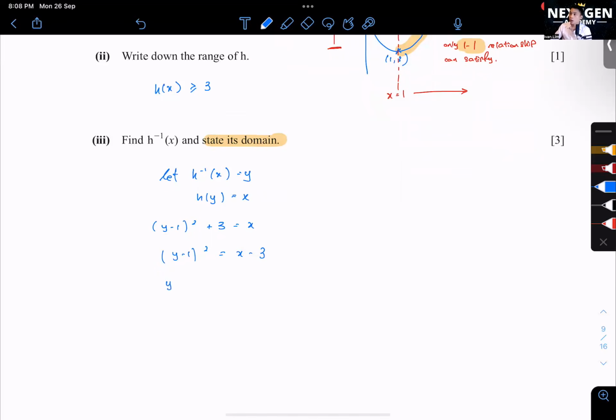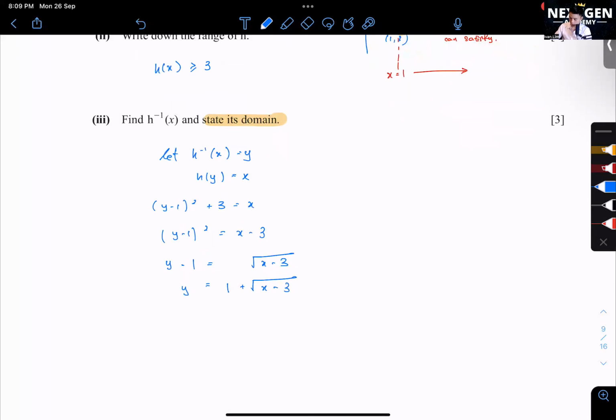Then y minus 1 equals plus or minus square root of x minus 3. Wait, not yet. Then y equals 1 plus square root of x minus 3. So H inverse x equals 1 plus square root of x minus 3.